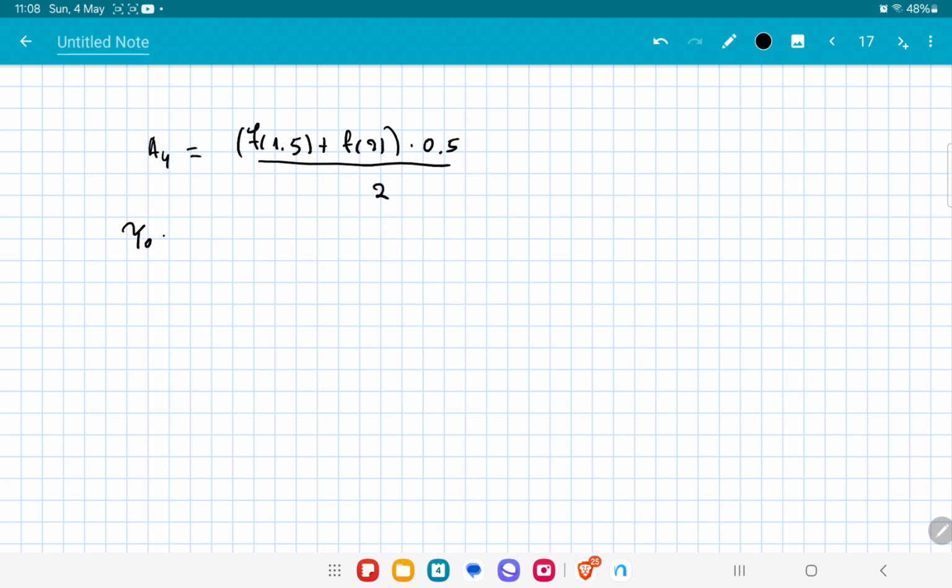So the total area equals A1 plus A2 plus A3 plus A4.